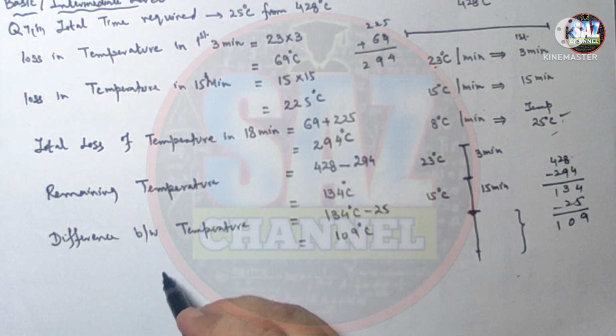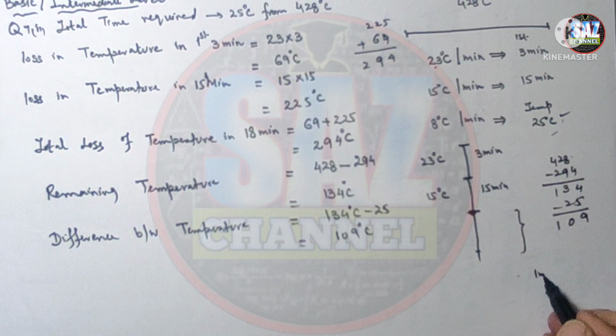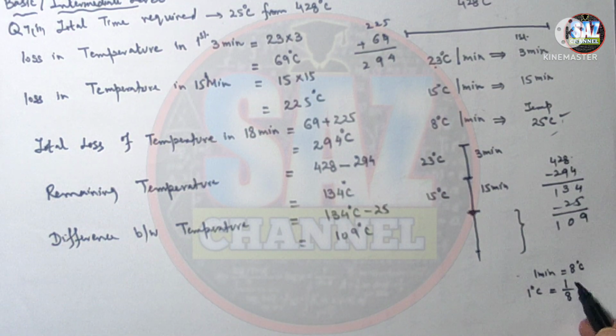So if in 1 minute the temperature is falling 8 degree centigrade, then for 1 degree centigrade fall, the time will be 1 by 8 minutes. What is the requirement of the question? Total time. We need to find the time when the temperature reaches 25 degrees centigrade.